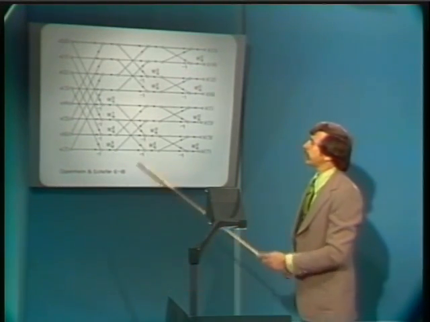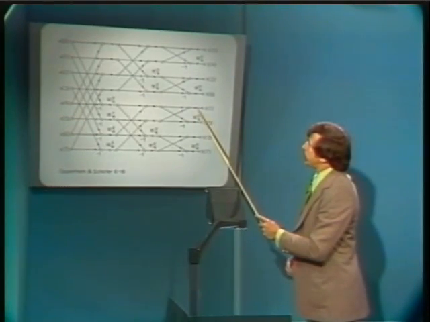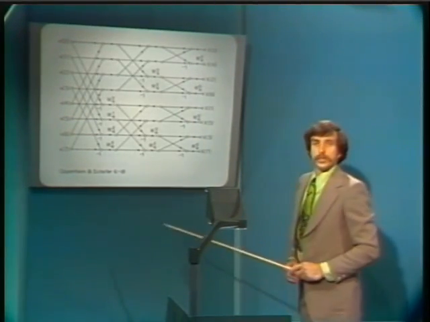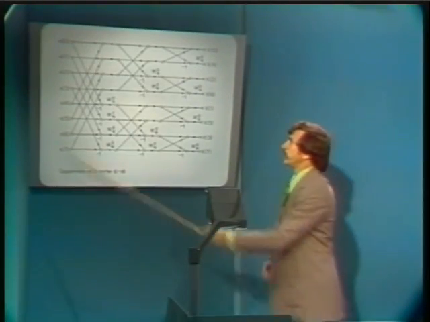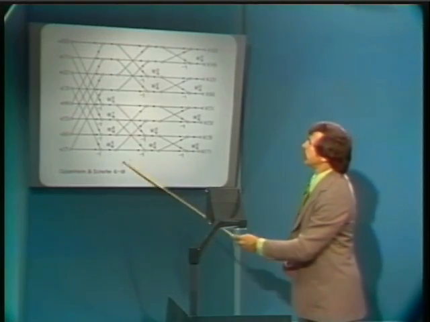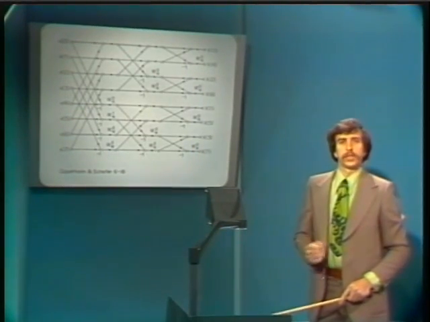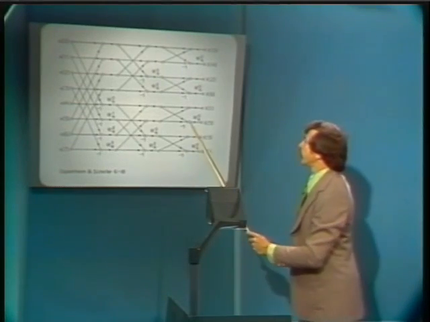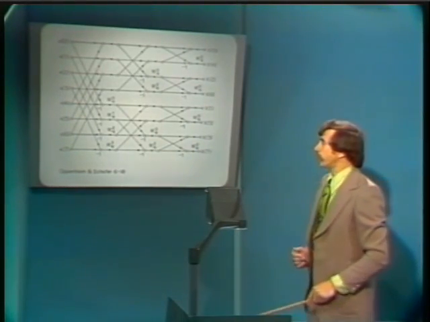So if we took this flow graph, changed the direction of all of the arrows, and treated this set of nodes as the input nodes and this set of nodes as the output nodes, then since the flow graph computes the discrete Fourier transform, the transposed flow graph would also compute the discrete Fourier transform.